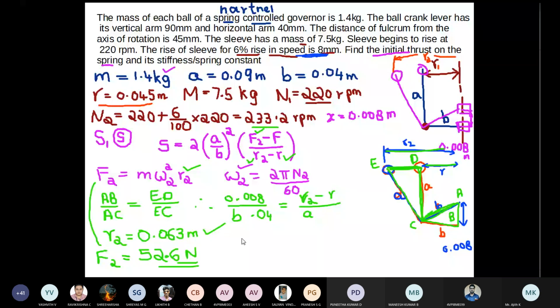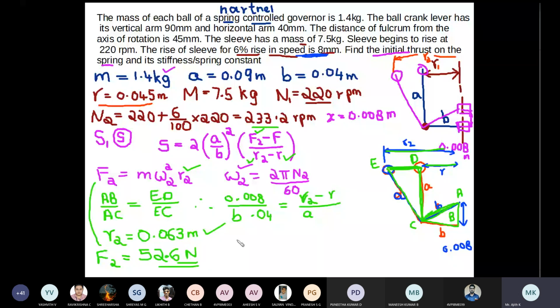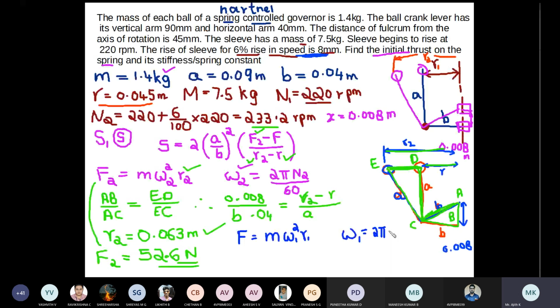Calculate F. F is given by m omega 1 square into R1, where omega 1 is 2 pi n1 divided by 60.